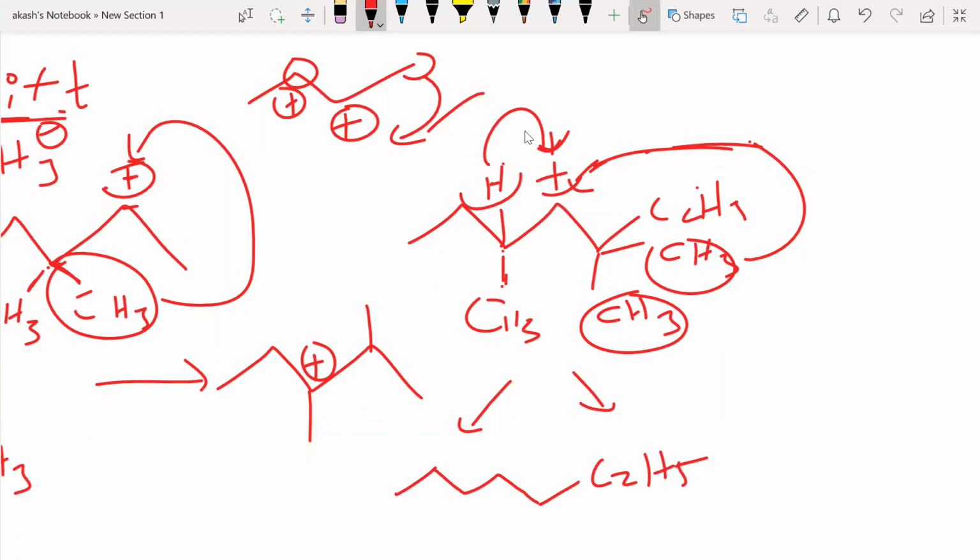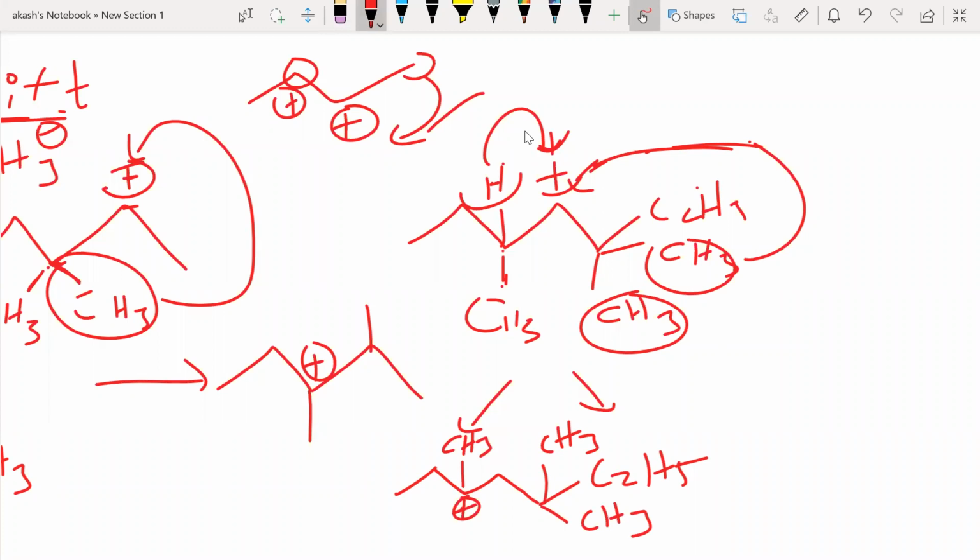So we'll just see, I have a CH3, another CH3, and the CH3 was here. Okay, the CH3 is here, and the carbocation would have been here now, right? So this is one of the carbocation possibilities when I go for hydride shift.